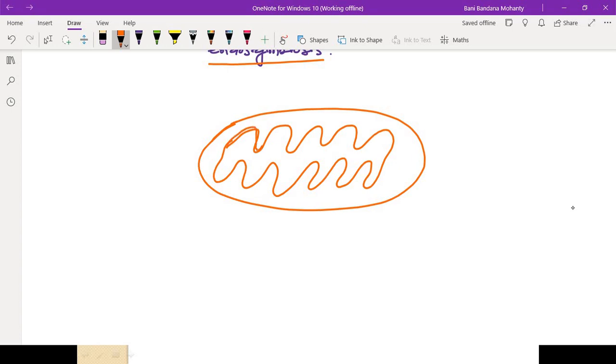So this is a double membranous structure. I'm just drawing it thick. You can also refer to the images on Google. Whichever one is suitable for you, you can adapt that.